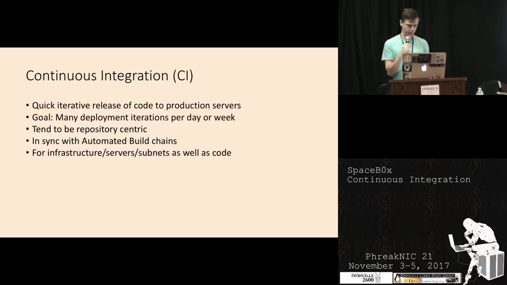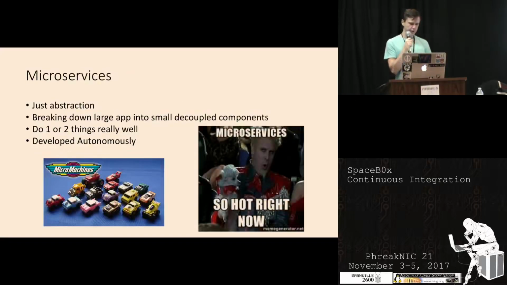So we have to talk about microservices, but I won't harp too much on this because I've done so in the past, and it may not be pertinent to what everyone does. Microservices is the high-level concept that we take a piece of software that acts as a unified whole, a monolith, and break it down into smaller components that do 1 or 2 things by themselves, and only those 1 or 2 things.